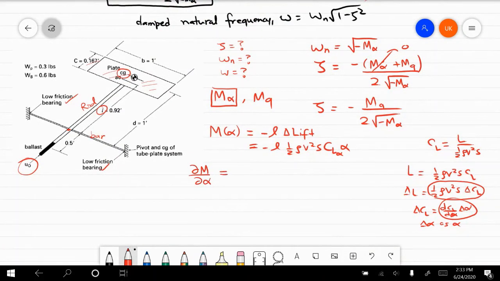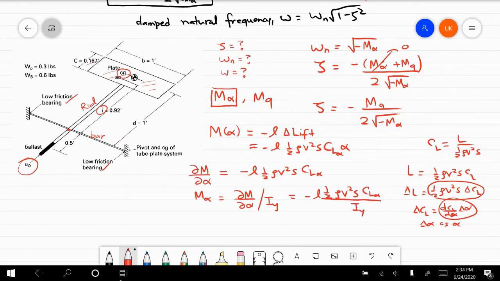You differentiate this function with respect to alpha, and you will get minus L half rho v square s CL alpha. But I don't want dM d alpha, I want M alpha, which is dM d alpha divided by Iy. So what I really want to calculate is minus L half rho v square s CL alpha divided by Iy.